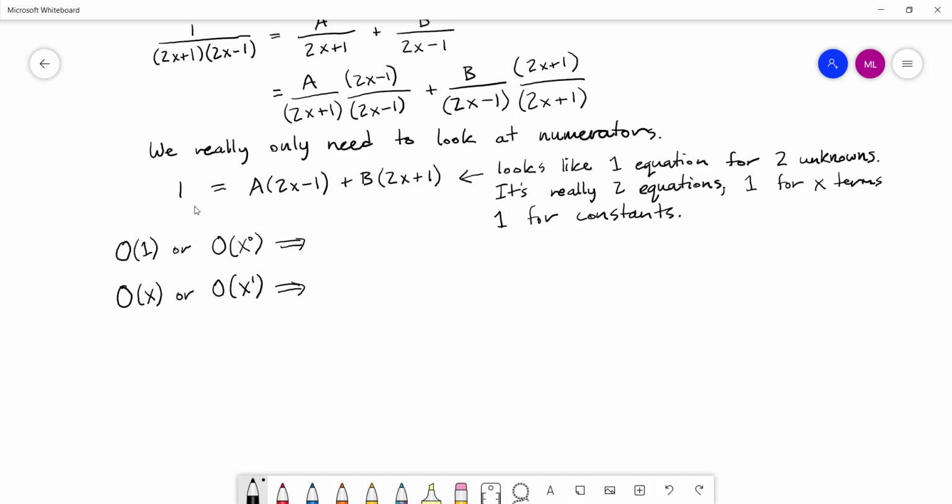But what are the constants? If I look at these two equations, on the left, the constant is a 1. And on the right, the constant is going to be, I'll have a negative a when I distribute that a through. So I'll have a negative a. And I will have as a second piece a plus b.